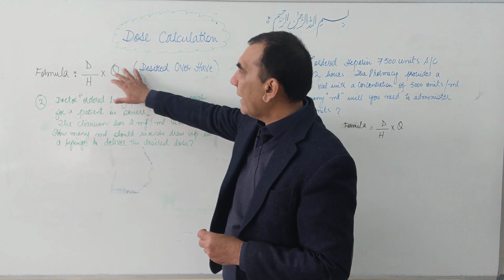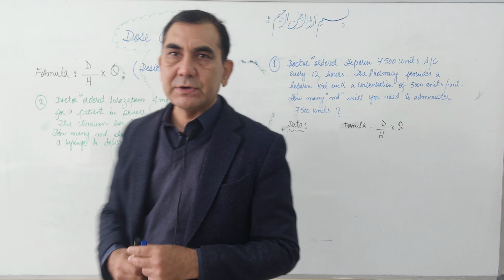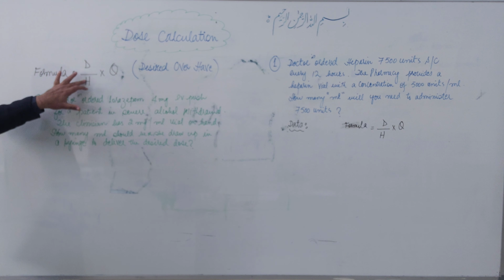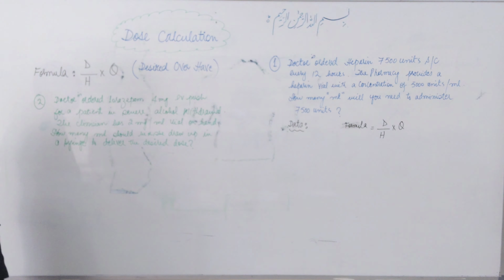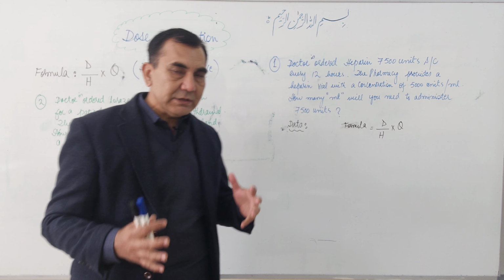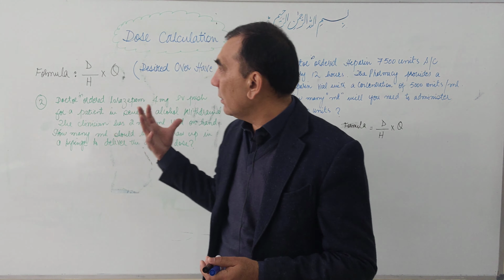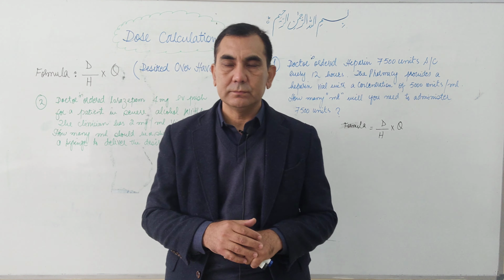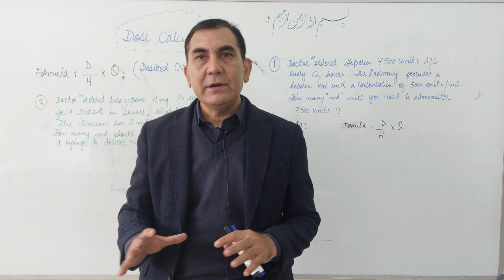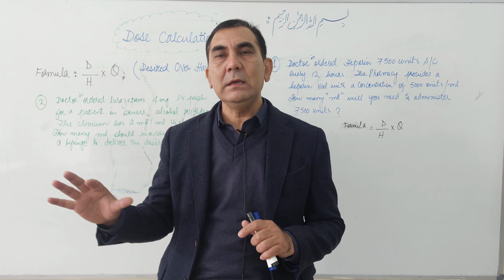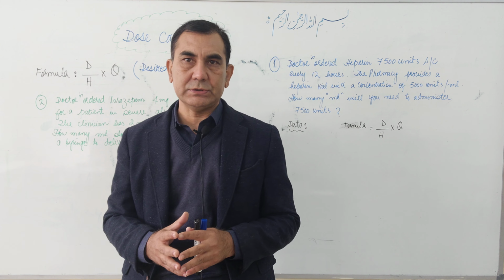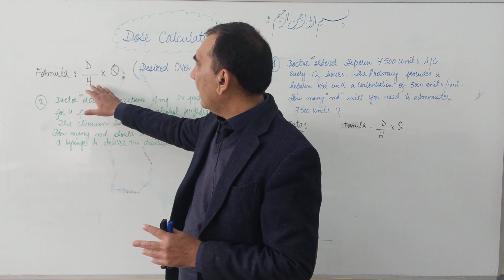In the desire over have formula, written over here, D divided by H and multiplied by Q. What is the meaning of D, H, and Q? D is the desired dose, prescribed by the doctor.